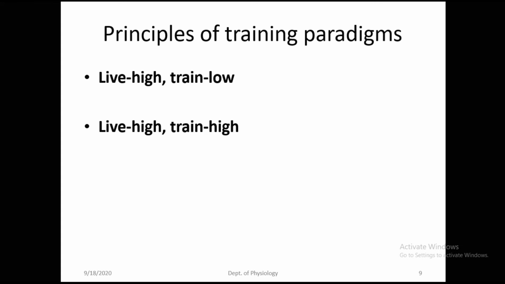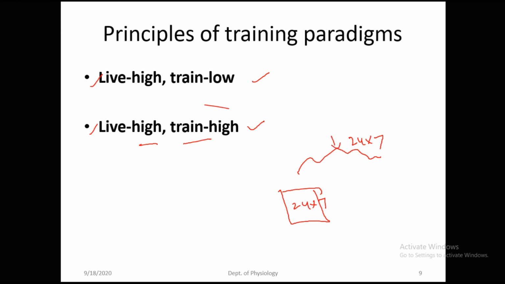So after the technical aspects of the hypoxic chamber, we'll see different training protocols and principles of altitude training. We have two major varieties of training. One is live high, train low. Second is live high, train high. Live high, train high means the person has to stay at high altitude, natural high altitude or a hypoxic chamber, 24/7.